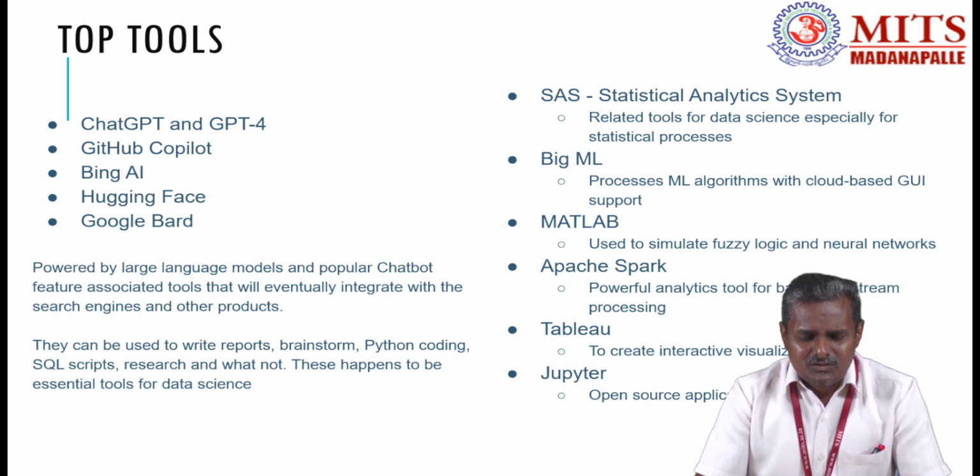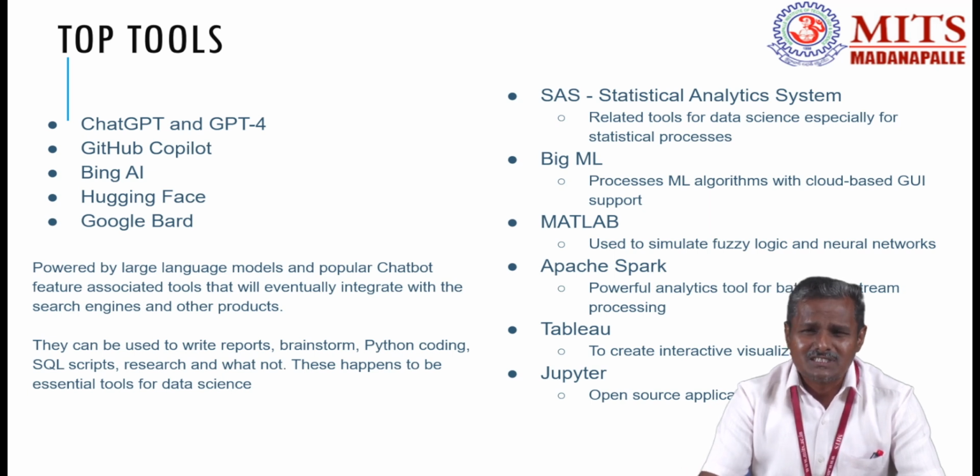So ChatGPT, Bing AI, and GitHub is a very big tool, where we can get a collection of projects and code, get clarifications, and develop our knowledge. GitHub and Google are also tools.